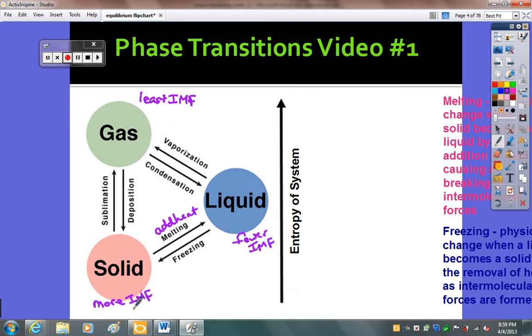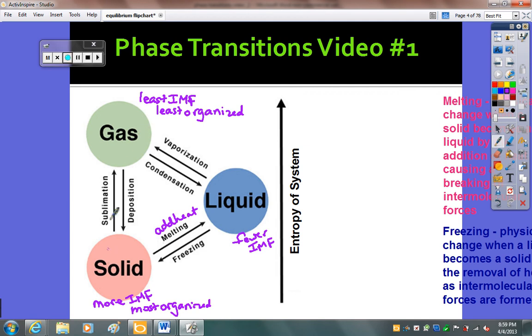Down here, you have the most intermolecular forces, so you are the most organized. And the gases are the least organized, which is why they have random constant motions.